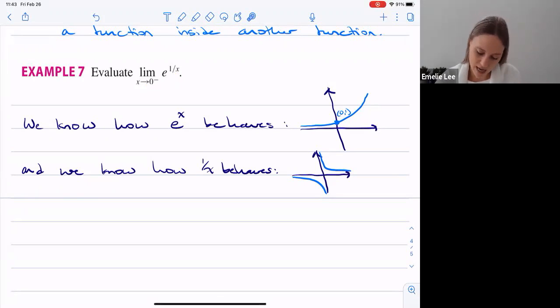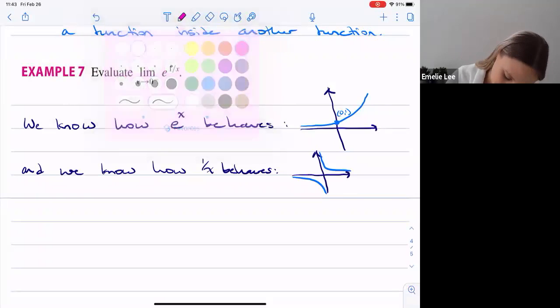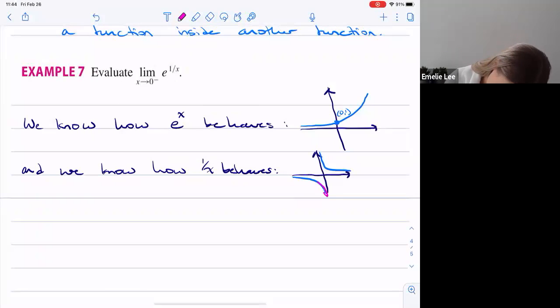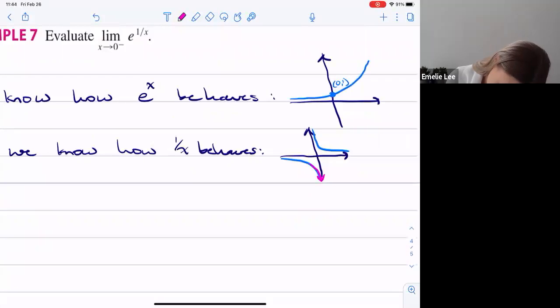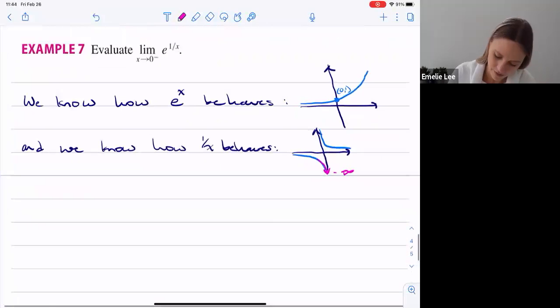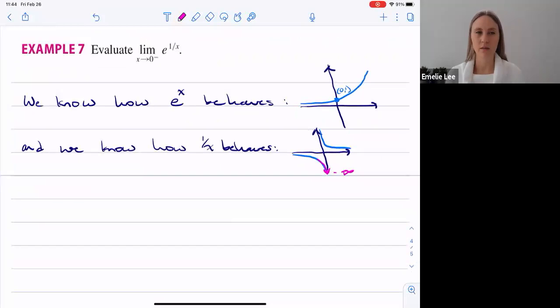So what I can say is that I know how 1 over x behaves as x is going to 0 from the left. It's going to negative infinity, right? And so here, it's going to negative infinity, right?